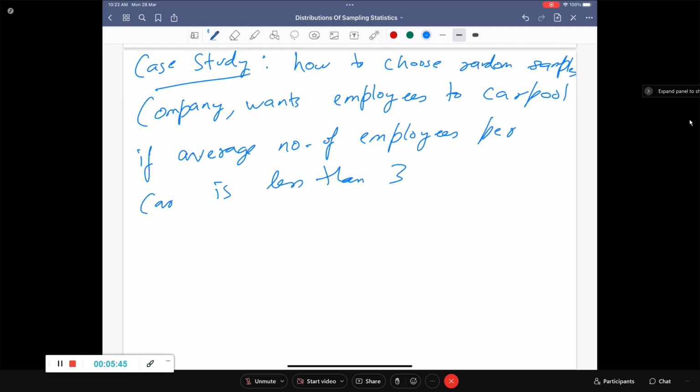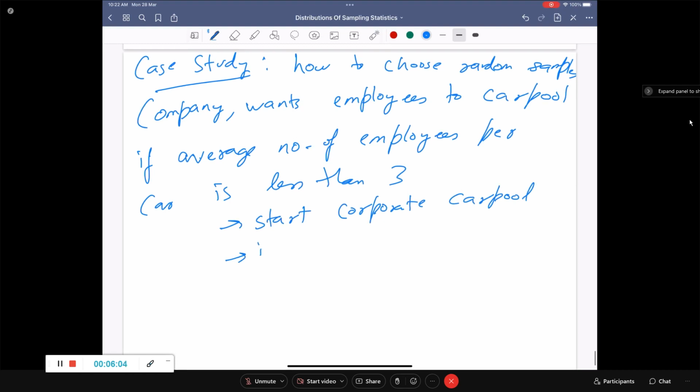So they do a survey, and then they say that if the average number of employees per car is less than 3, then they will consider starting a corporate carpool service, so that more and more people come through the organization's carpool, and then they will increase parking fees for people who don't carpool. So people who are coming alone in their car, they will start increasing their parking fees.